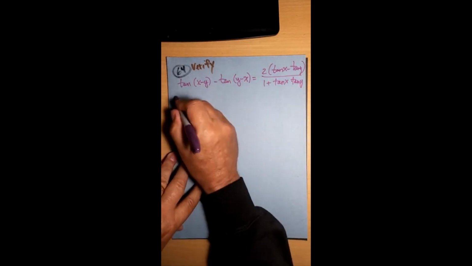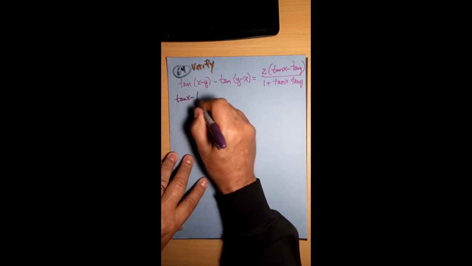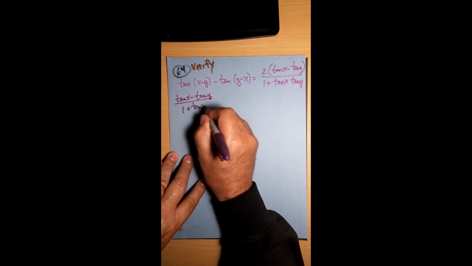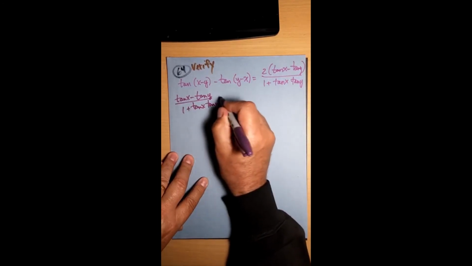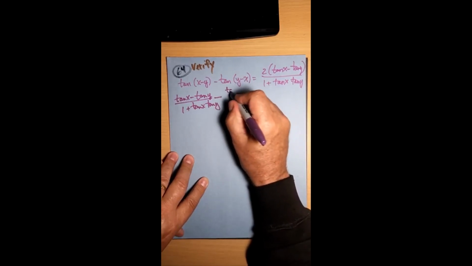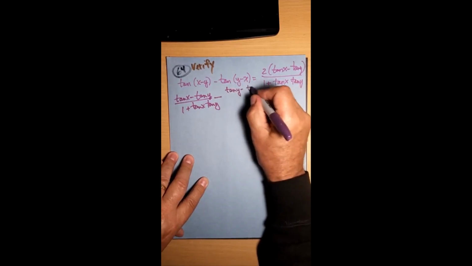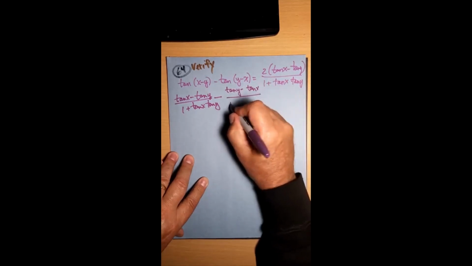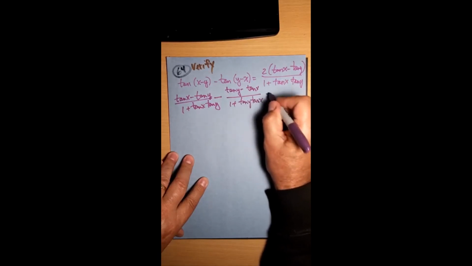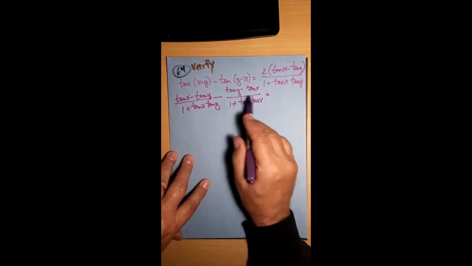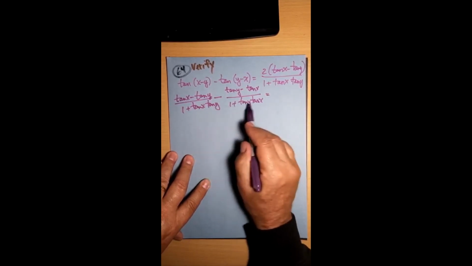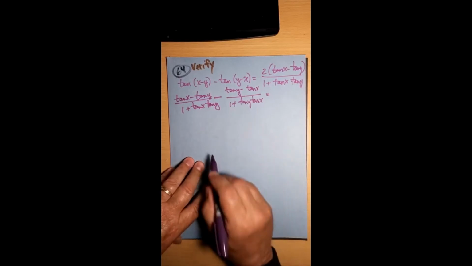Tangent of a difference: that's tangent x minus tangent y over 1 plus tangent x tangent y, minus, again, but now they've switched the x and the y, tangent y minus tangent x over 1 plus tangent y tangent x. These are two fractions, but they do have the same denominator. You don't have to worry about the order here because it's multiplication and it's commutative.